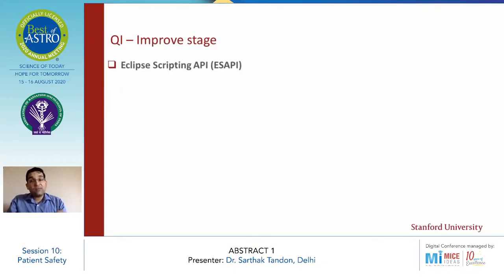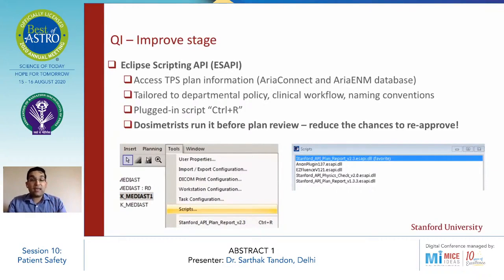So now comes the improve stage. They were planning to use all the data that they had and come to an improve stage. So what was this improve stage? Can I have the entire slide, please? Thank you. The APC is specifically tailored to their departmental policy and clinical workflow. They used this software and collaborated with the Eclipse API to form the Eclipse scripting API.